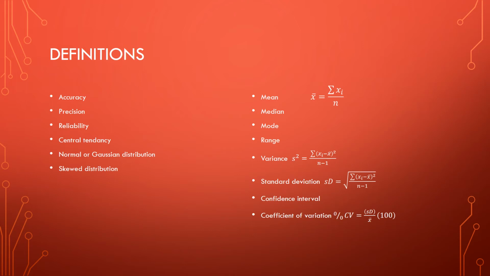Then we have confidence intervals. These refer to the limits, the high and low values between which a specific proportion of the data points in any particular data set will fall. So this is what we were talking about when we say that if you go 2 standard deviations, you're at almost 96% of the population.